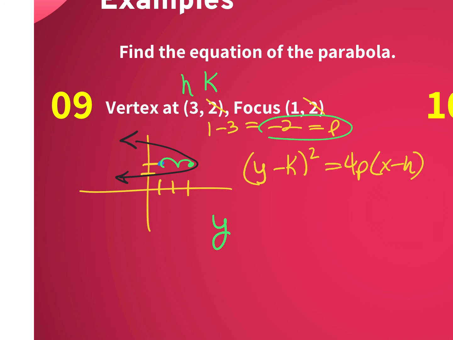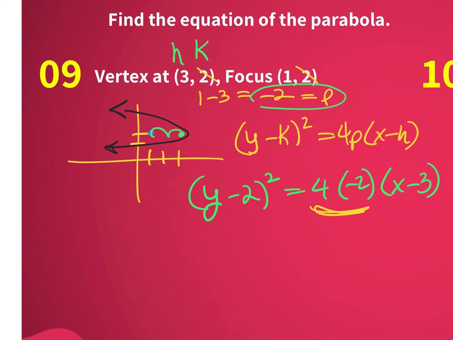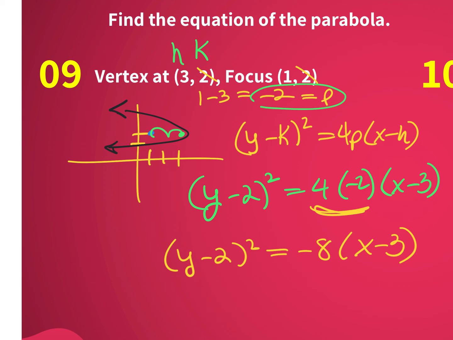So y minus 2 squared, 4 times -2, and then x minus 3. All I have left to do is multiply this, and I get y minus 2 squared equals -8 x minus 3.